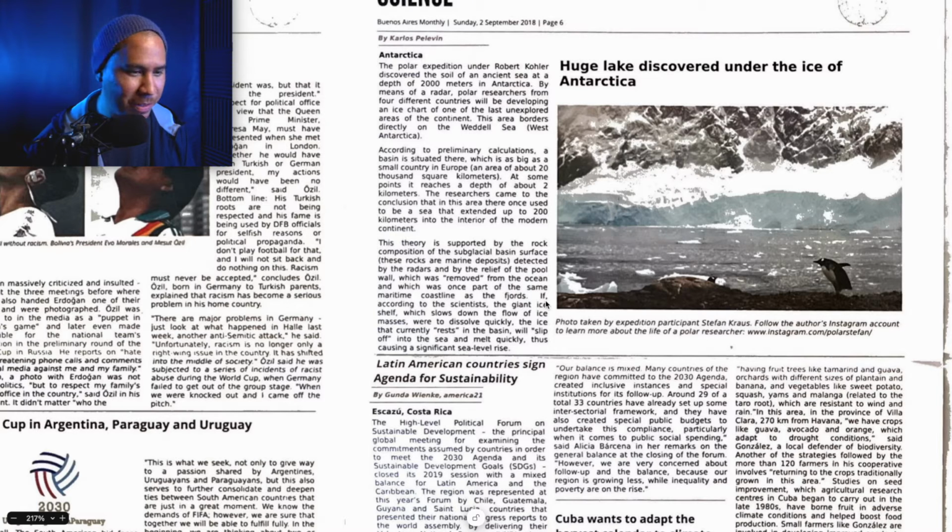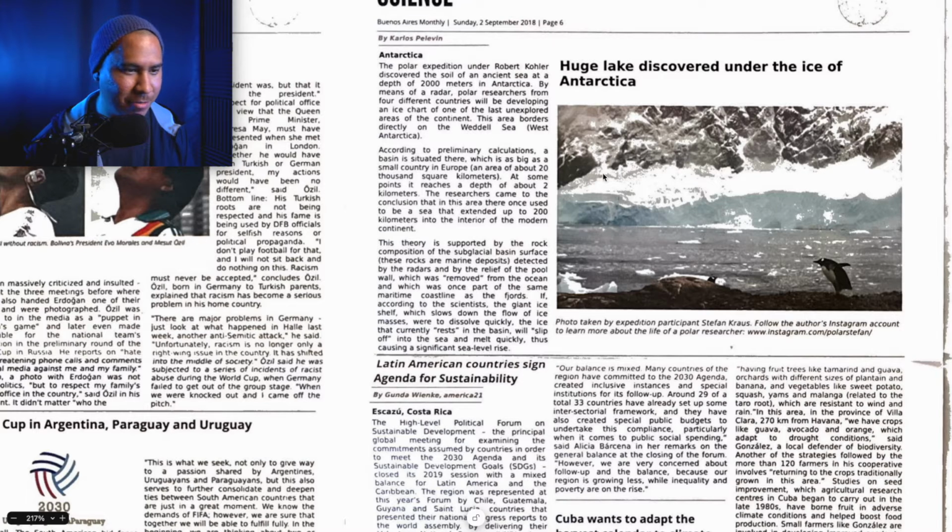If, according to the scientists, the giant ice shelf, which slows down the flow of ice masses, were to dissolve quickly, the ice that currently rests in the basin will slip off into the sea and melt quickly, thus causing a significant sea level rise.